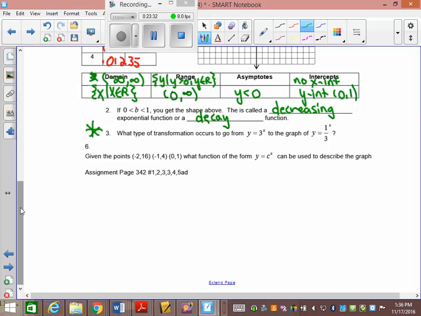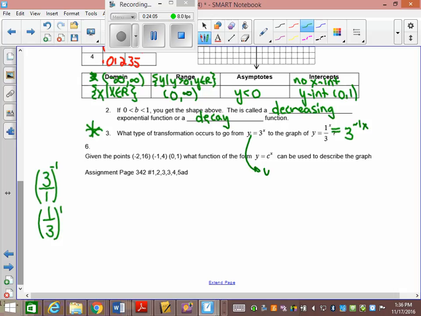Remember yesterday when I gave you 3 to the -1, and I told you needed to write it as a positive exponent? This would move down, this would move up, so it'd be (1/3) to the positive 1, right? Same thing here. I can make that 3 move up and the 1 move down, and make this be equal to 3 to the -1x. We agree? So now I can compare them.